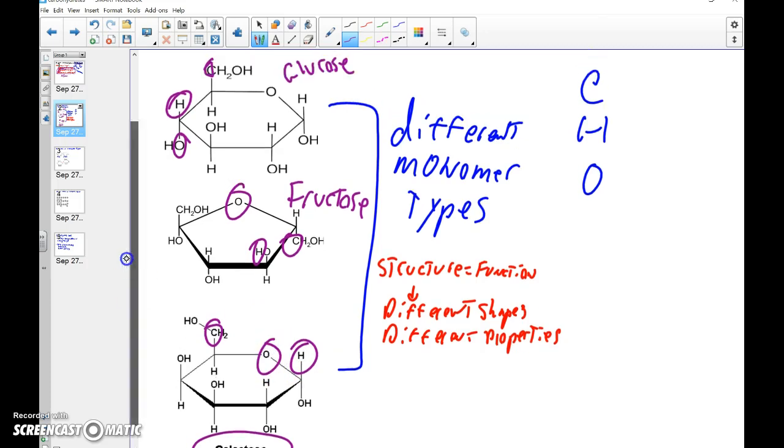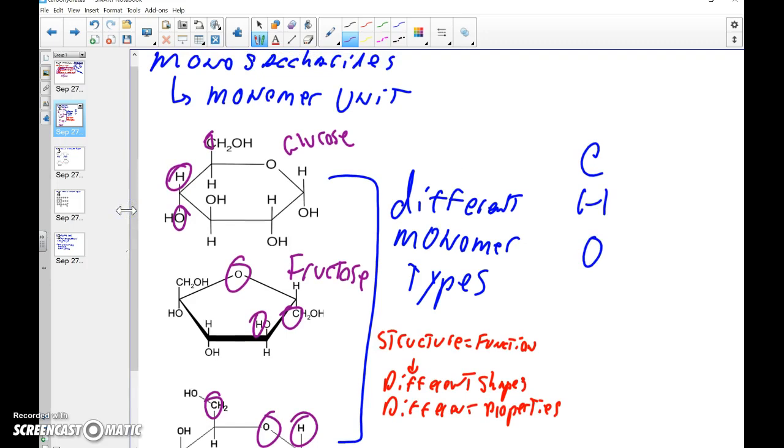In fact, if you look at each of these carefully, for every one carbon, there are always two hydrogens and one oxygen. They're always in the same ratio.